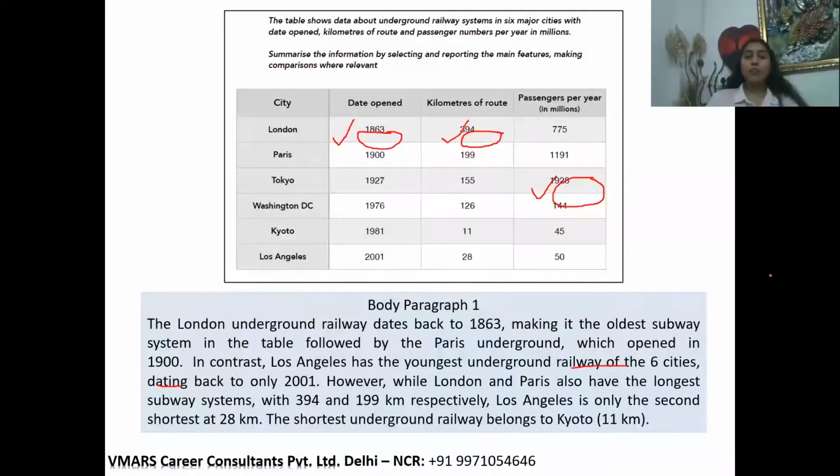In the body paragraph, we can either just give the information about London first, then Paris, then Tokyo, but it will get very difficult. So let's look at how it is done. The London Underground Railway dates back to 1863. Now, see, the numbers will come in your body paragraph. And making it the oldest subway system in the table, followed by. I want Anusha to tell me why we use followed by.